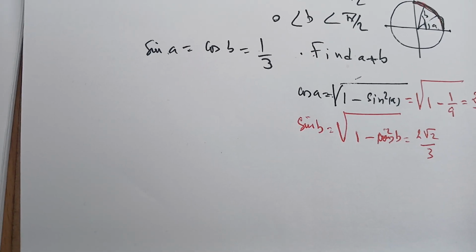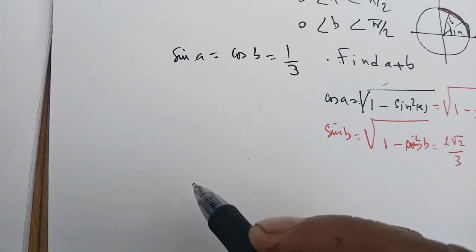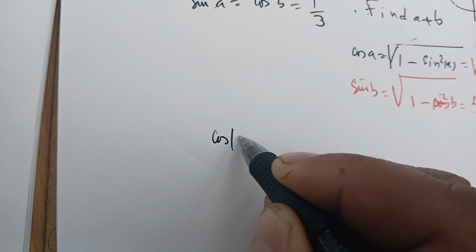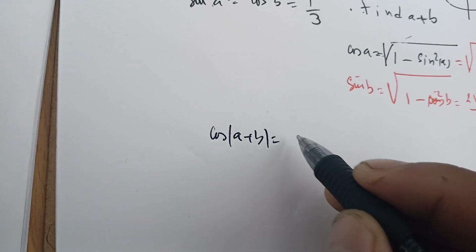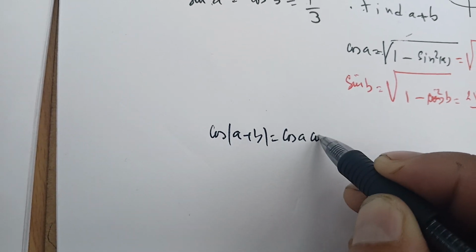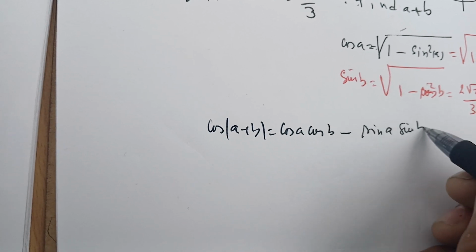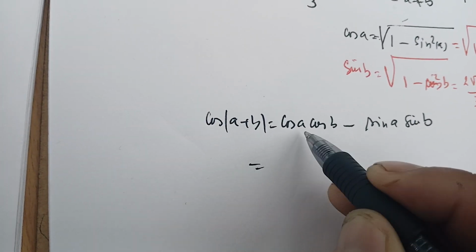Now, since we have these two quantities, we can compute the cosine of A plus B. The cosine of A plus B is cosine A times cosine B minus sine A times sine B. Now we're going to use our results.